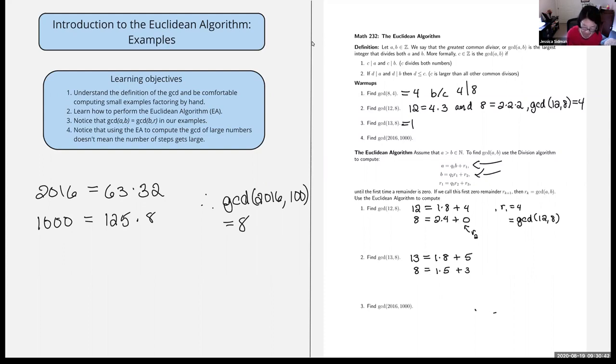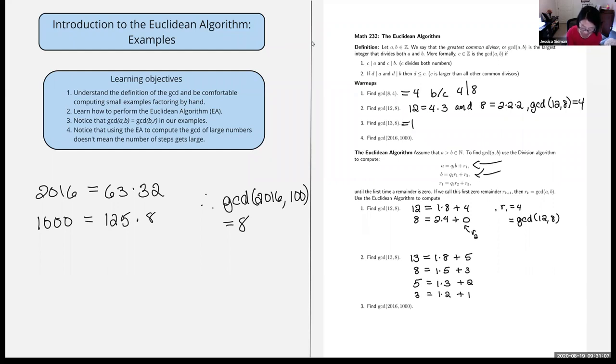So we're going to do this again. We have 5 divided by 3 goes in 1 time with a remainder of 2. Bear with me. Still not 0 remainder, got to do this again. 3 divided by 2 goes in 1 time with a remainder of 1.